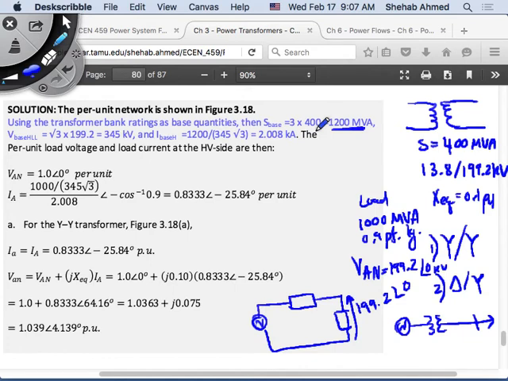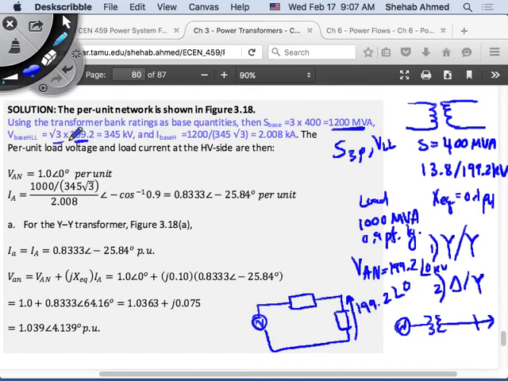This is S base for the three-phase system. We said that we will typically choose S base three-phase and also a line-to-line voltage base, and anytime we see a transformer, we have to change that base based on the ratio of the terminal voltages of the transformer.